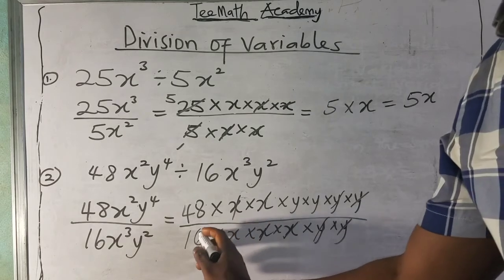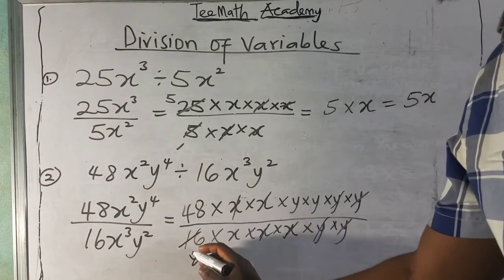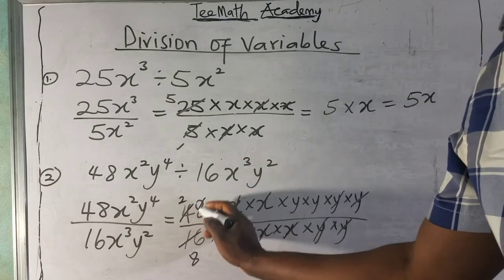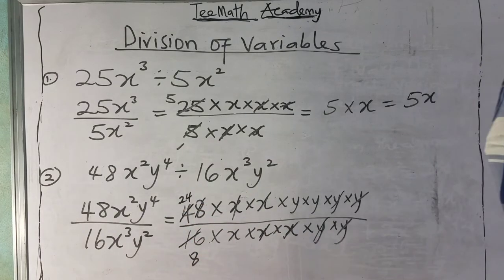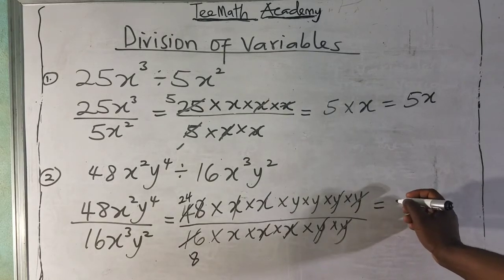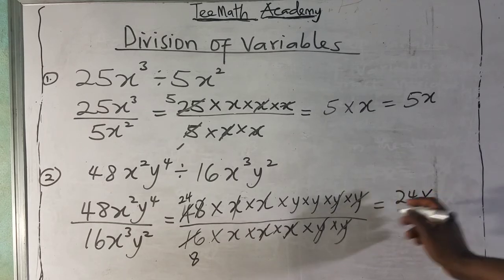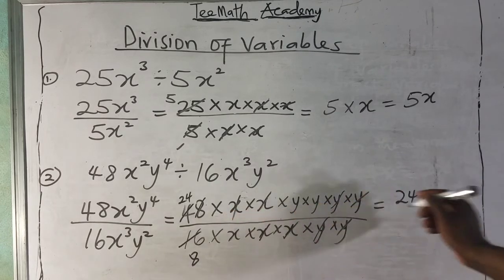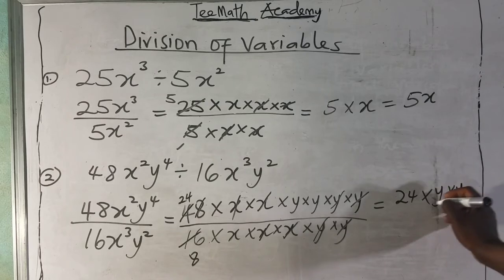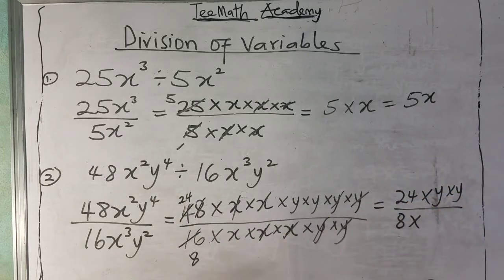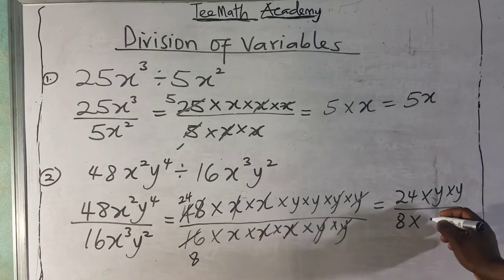2 in 4 is 2, 2 in 8 is 4, so we have 24 over 8. 24 times what do you have left? I think it's only 2y times y over, here we have 8 times, how many? Yes, it's only s that is here now.